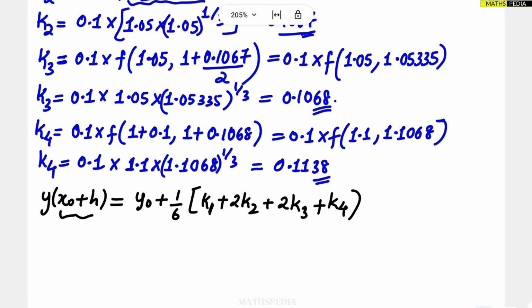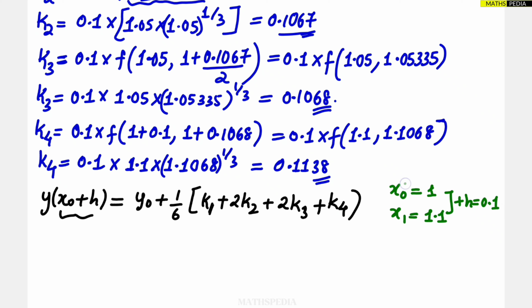As we have discussed, we started with x naught value, which is equal to 1. Then we went for x1 which is 1.1. We took a step of h which we got as 0.1.